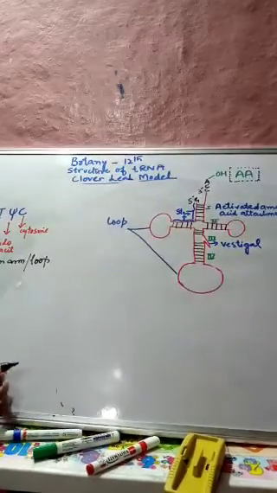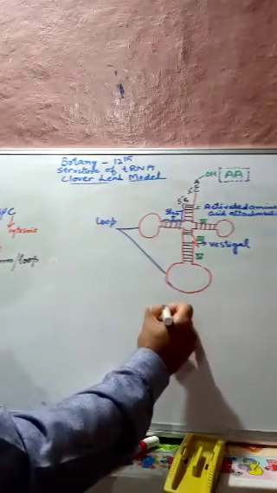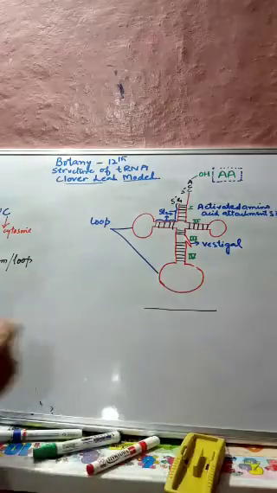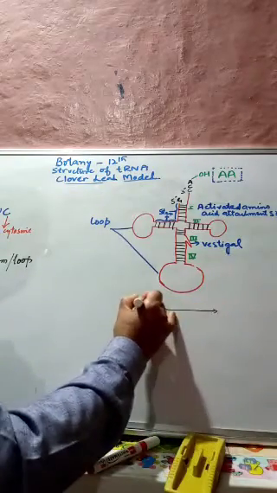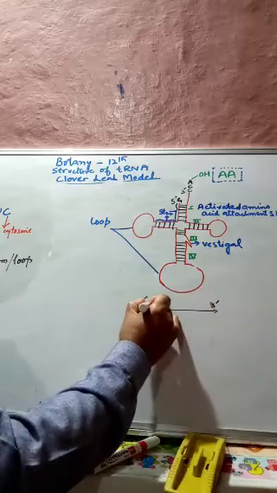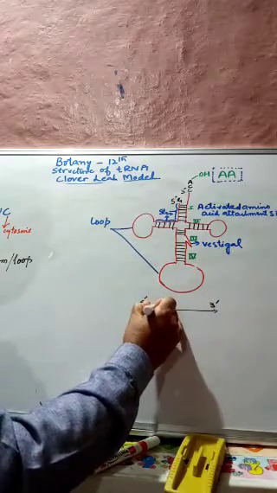For example, this is the mRNA, and this mRNA is in the direction 5' to 3'. These are the codons.